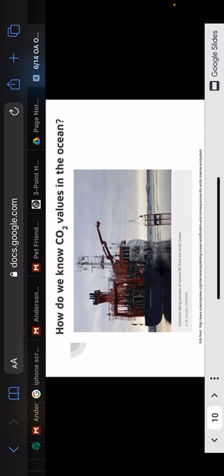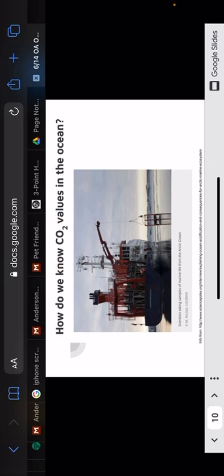But the oceanic carbon dioxide levels obviously can't come from high up in the mountaintops in Hawaii, and rather they come from in the ocean, where research vessels go out and gather water samples from a particular depth, and then they do a comparative analysis over time.